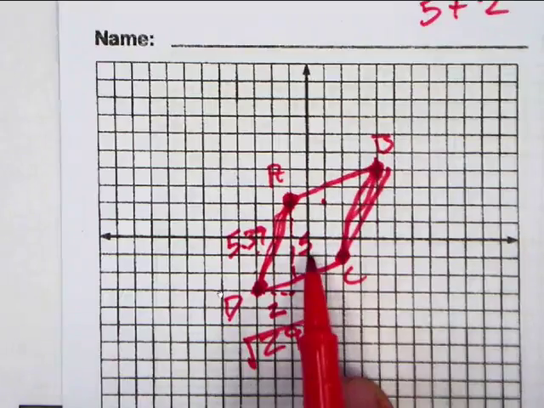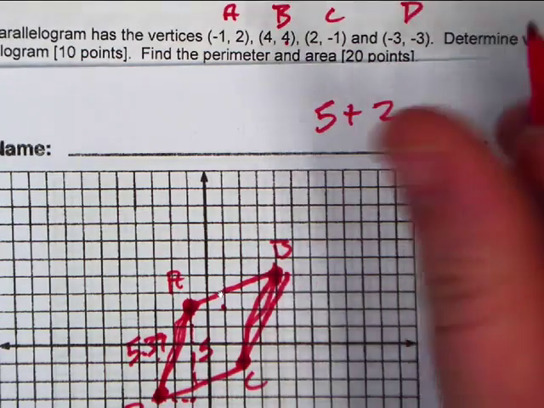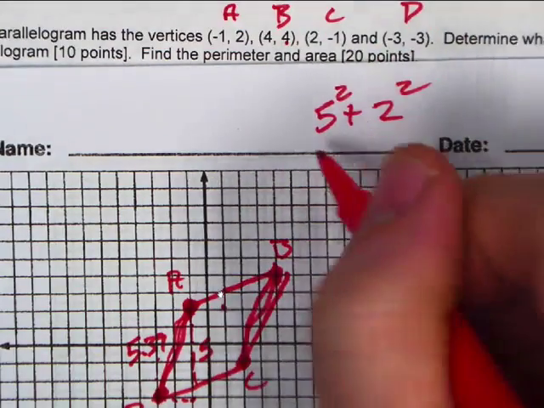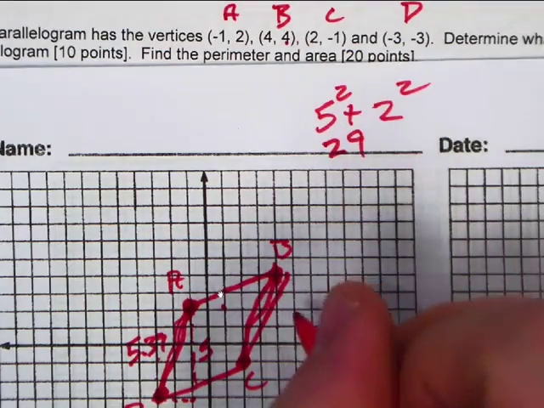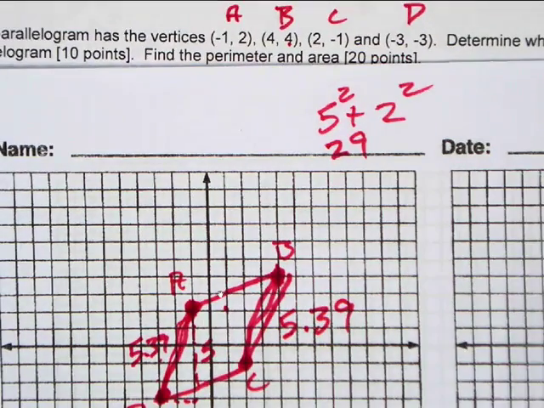Notice we're getting the same numbers, 5 and 2. When we square them, we get 29, and then the square root of 29 gives 5.39 over here as well.